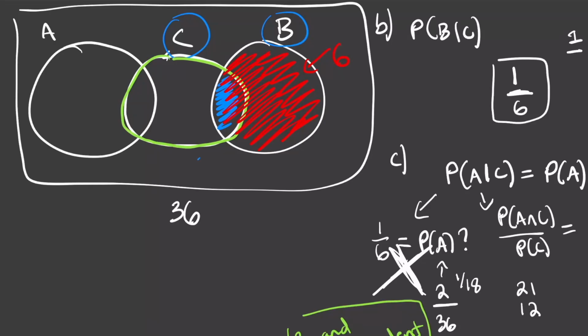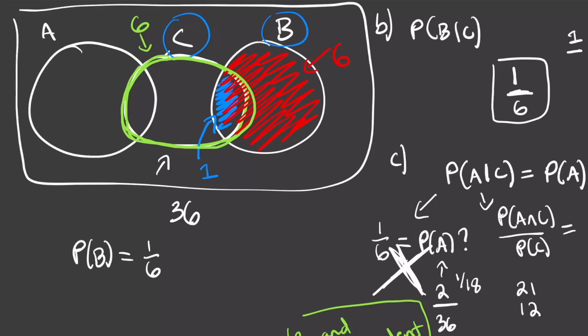Now there's only one way that the dice could sum to 7, and the first dice would be a 1, right? So this magnitude is 1. And the magnitude of the green circle was the number of combinations of 2 dice, where the first dice is a 1, which we got was 6. So you can see the probability of B originally was 6 out of 36 equals 1/6, and the probability of B, given that we're in this circle C, is also 1 divided by 6. So that tells us that the events B and C are independent, which means knowing something about one of them does not change the probability of the other one happening.